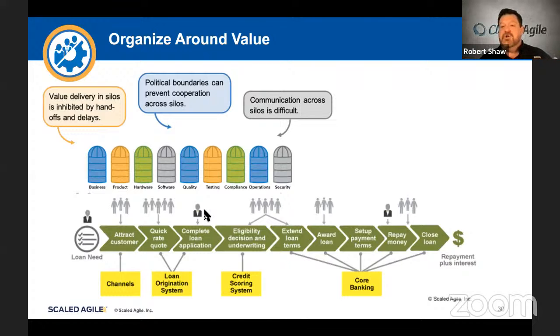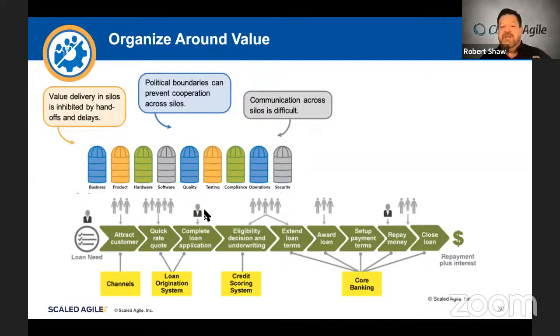An organization can have one of these. Large organizations could have two or three. Banking is the simplest example. We think of banking as consumer banking: I have a checking and a savings account, an ATM, online banking. Banking also has mortgages, which is a separate P&L center, a separate business, a separate value stream.